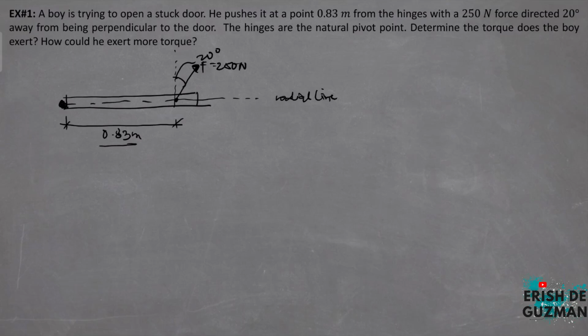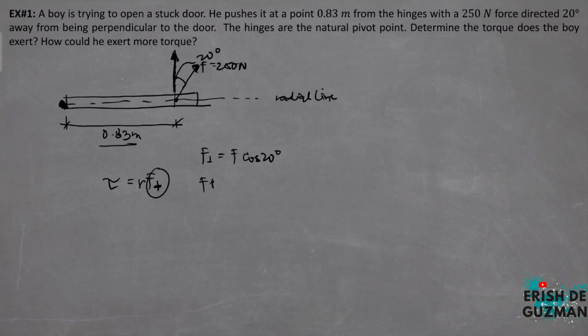So, our formula for torque is this: torque equals radius times force perpendicular. This is what we need to find first, since this component is required to calculate the torque. Force perpendicular equals force cosine 20 degrees.